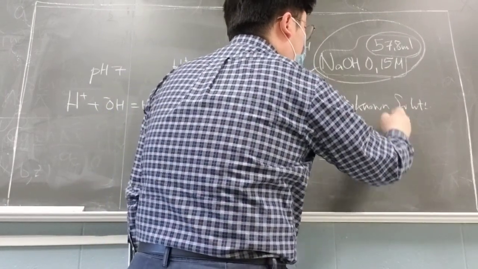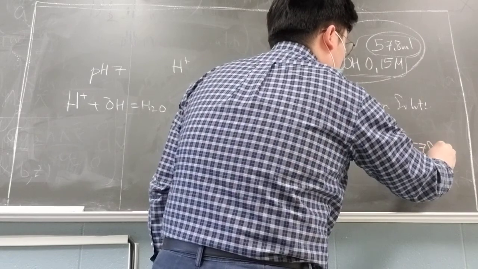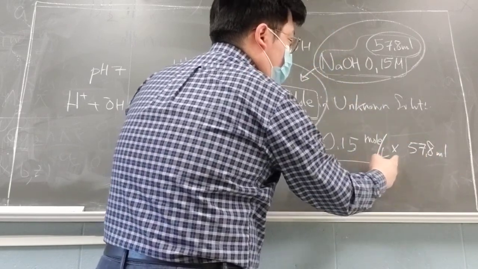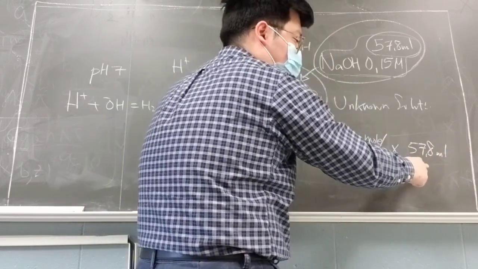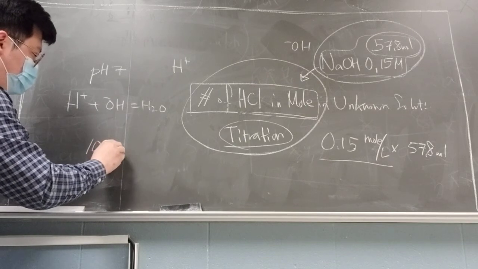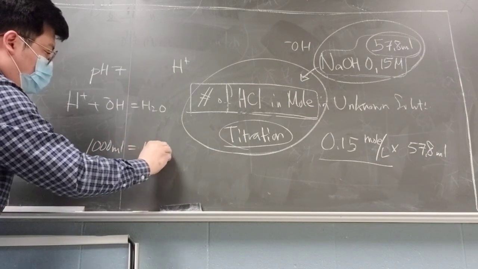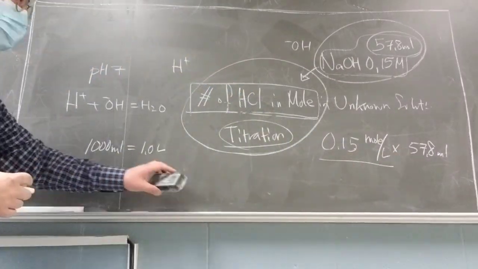So you have to multiply that by the volume, 57.8 milliliters. But the unit doesn't match up for the volume, so you need to do a unit conversion. 1,000 milliliters is equal to 1 liter.